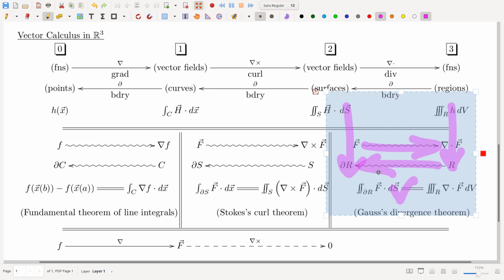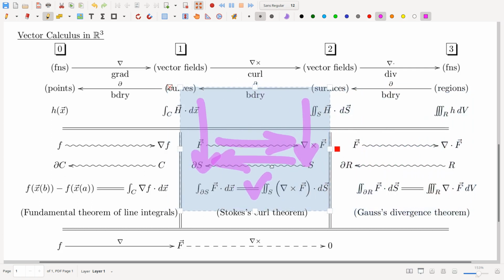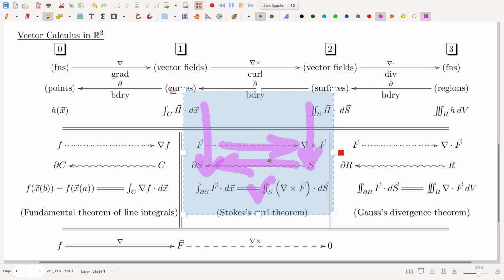It's three-dimensional solid regions and their two-dimensional boundary surfaces. Totally different geometry, right? But in the diagram, how the pattern plays out is really morally the same. Likewise, Stokes' curl theorem is the same pattern. Different geometry, different dimensions, and so on, of course, but the same pattern on the diagram, right?